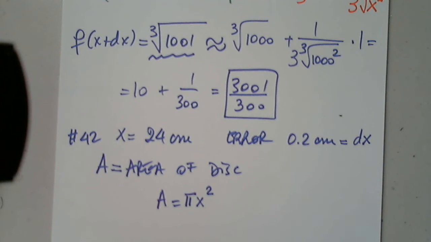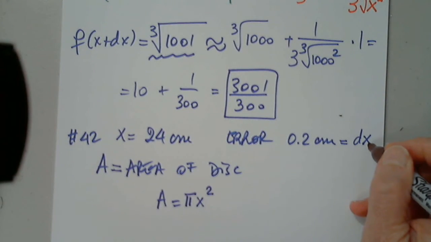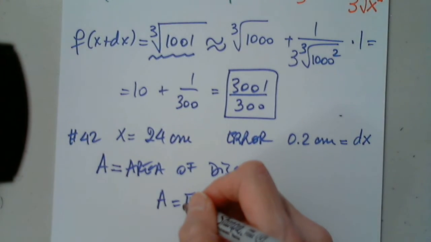Pi x squared. So I have x, I have dx, I have the area.